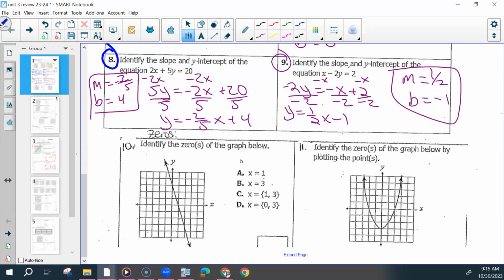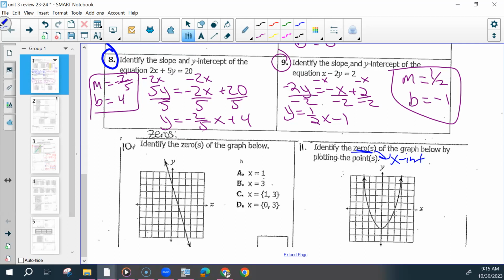Zeros is another word for what? Which intercept, x or y? A 50-50 chance. Yes. So when you see the word zeros, you're talking about x-intercepts.